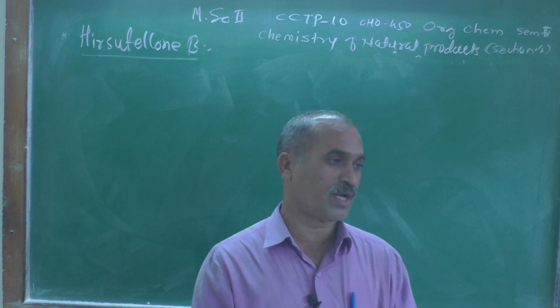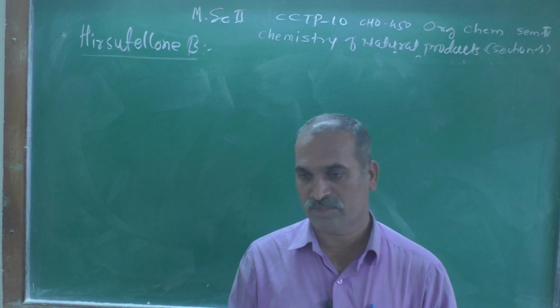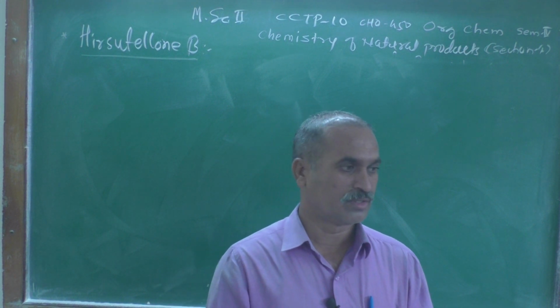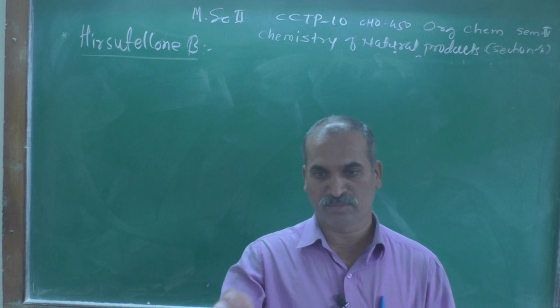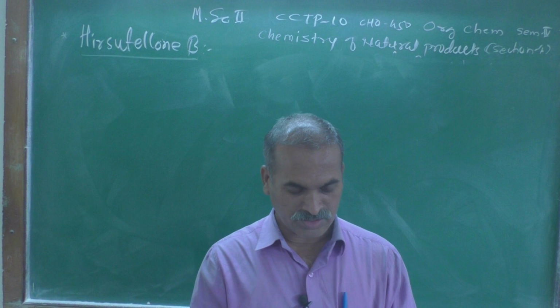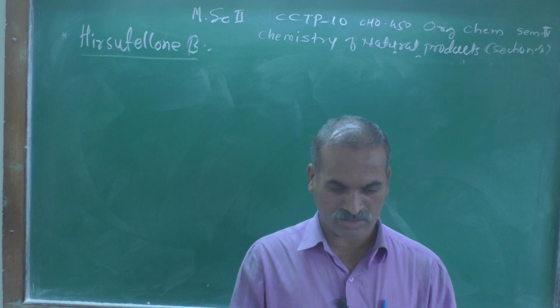So what do you mean by functional group interconversion? One functional group is converted into another functional group so that disconnection becomes possible; this is known as functional group interconversion.